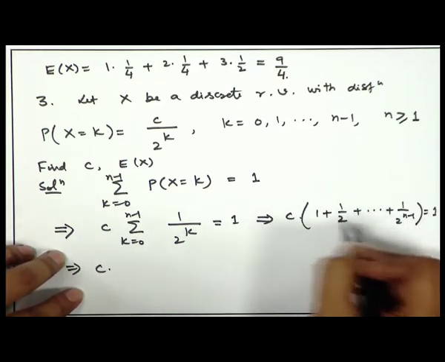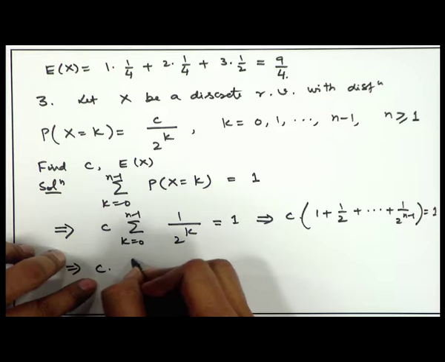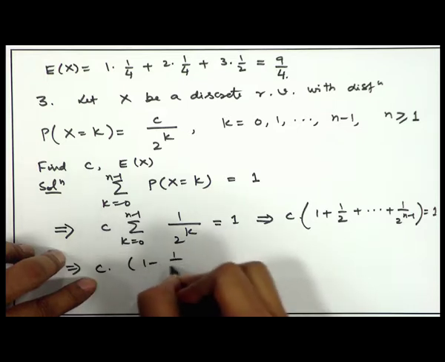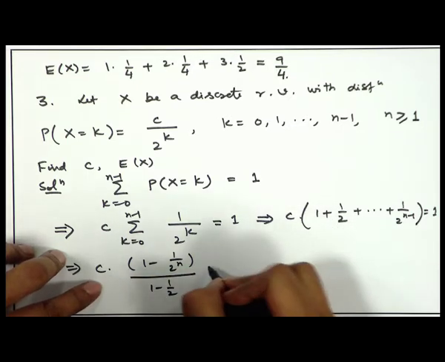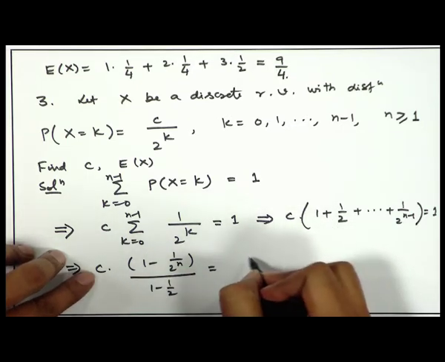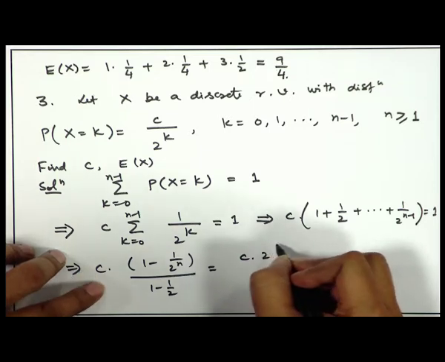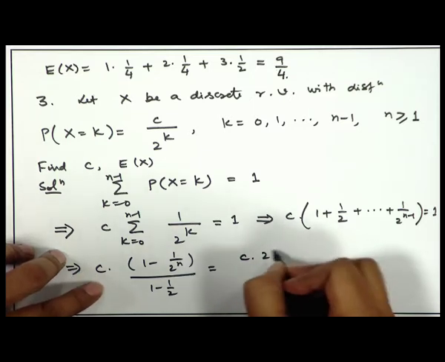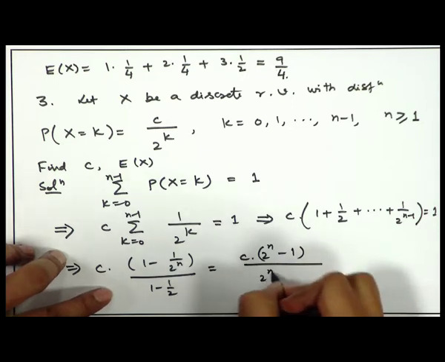By the formula of the sum of a geometric progression, we know it is a times 1 minus r to the power n divided by 1 minus r, and a is 1 here. So it is equal to c into 2 to the power n minus 1 divided by 2 to the power n minus 1.